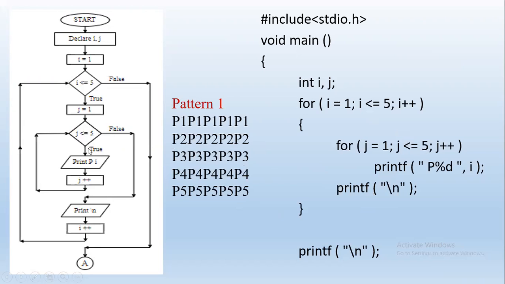This loop will continue up to i equal to 5. When i becomes 6, the condition is false, the control exits from the loop. And then we have a statement A, which is a continuation for the second pattern. So this flowchart corresponds to pattern 1.